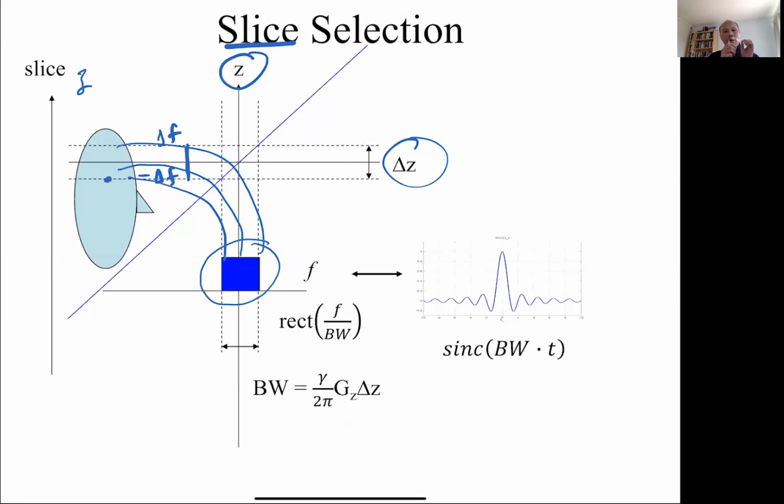Each spin wants to see a different frequency, so I'm going to have a pulse that has those frequencies in it. That's going to be a rectangle function in the frequency domain, which means I should play out a sinc pulse in the time domain. That's the answer we'll see on Monday.